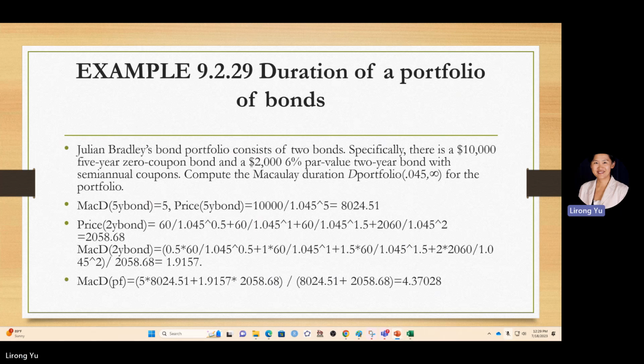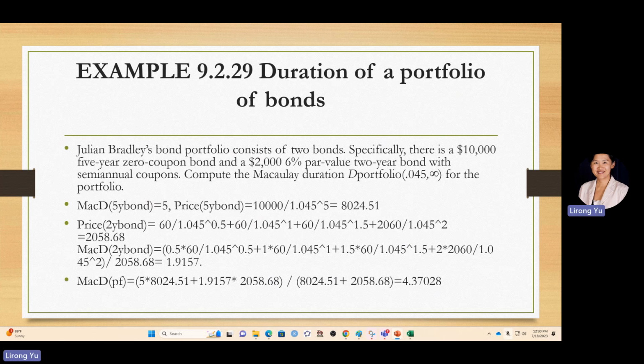The 5-year, Macaulay duration 5, price is 8,024.51, and then the 2-year, which has a Macaulay duration of 1.9157, has a present value of 2058.68.